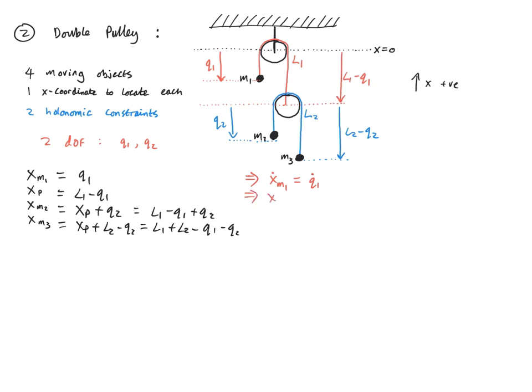I can write down the velocity of the pulley. So then I take the time derivative of the right-hand side here, but L1 is of course just a constant, and so this gives me minus q1 dot.